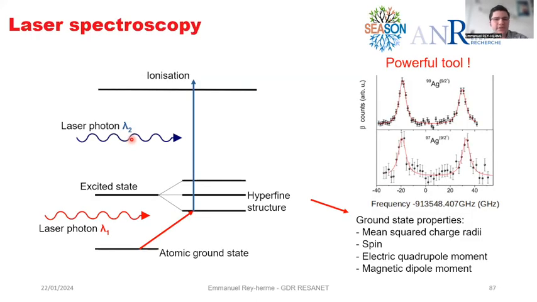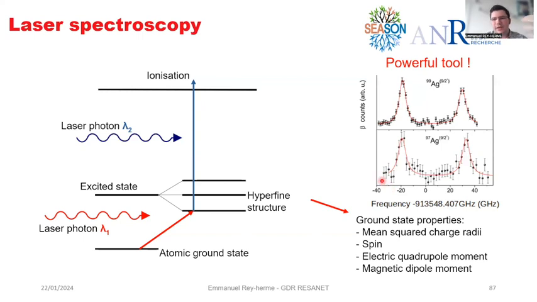Just a few words on this laser ionization spectroscopy technique. The idea is to look at the atomic hyperfine structure using a scheme of lasers to perform excitation and then ionization. And with that, one can scan the hyperfine structure by looking at the number of counts as a function of the first laser frequency.